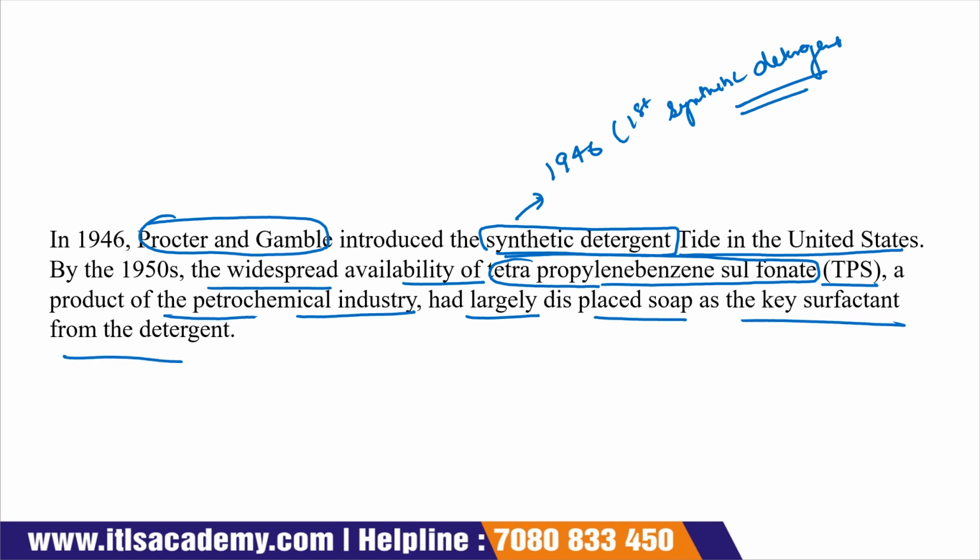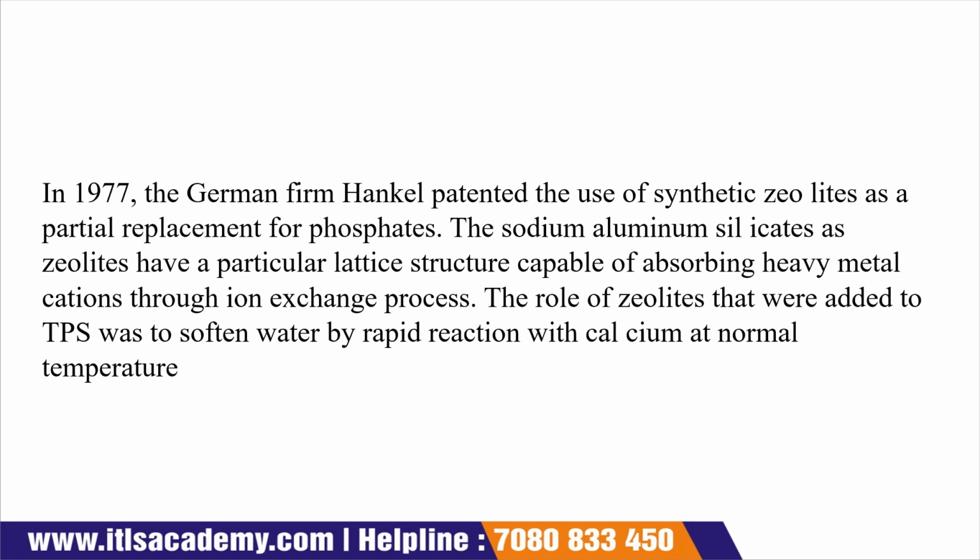Now the next is in 1977, when the German firm Henkel patented the use of synthetic zeolite as a partial replacement for phosphate. So the German firm Henkel patented that we can use synthetic zeolite in place of phosphate.